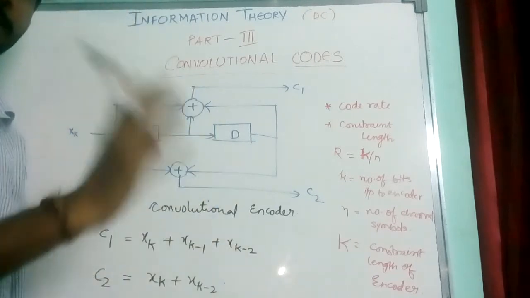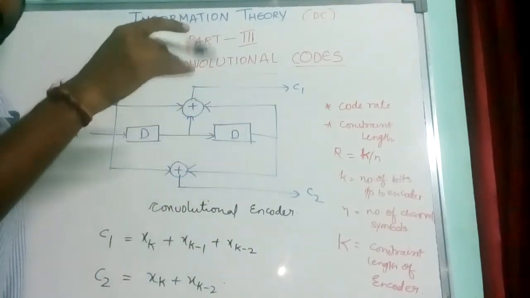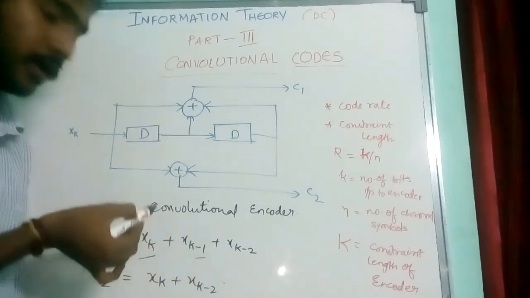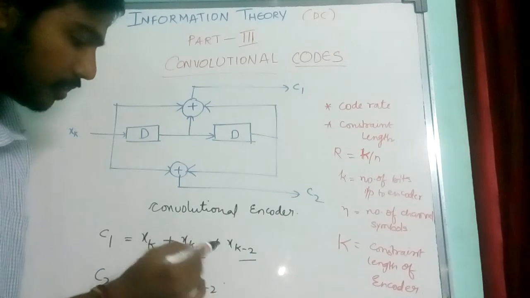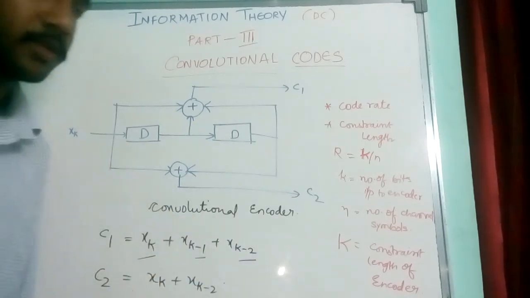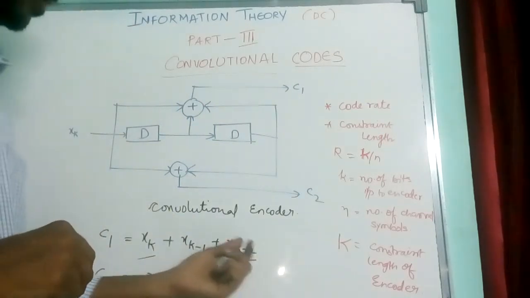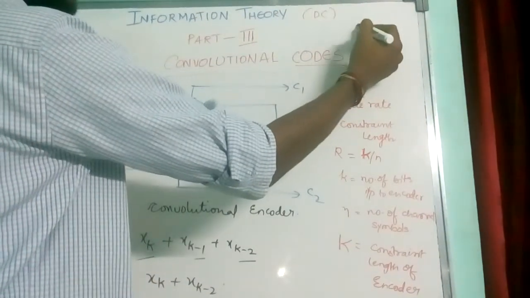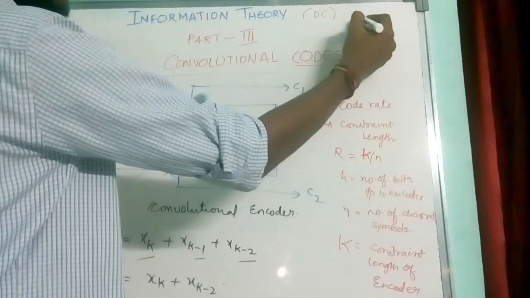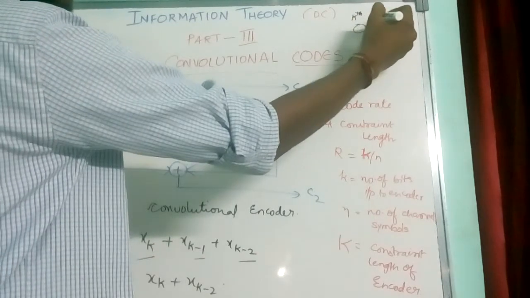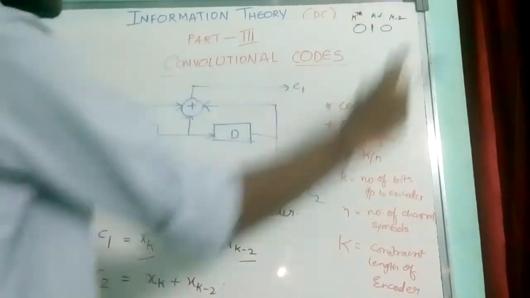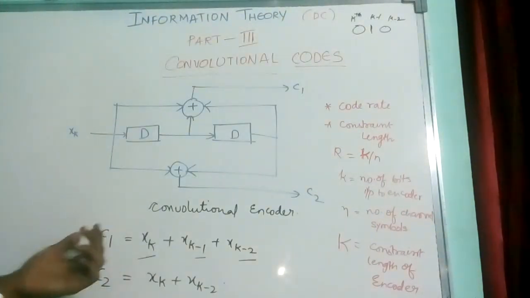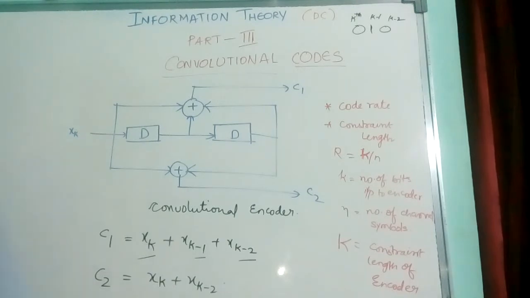These are the previous bits given to the input: this is the present input, this is the past input, and this is the past of the past input. For example, if I sent 0, 1 and again 0, now I am sending the kth bit, this is the k minus 1th bit, and this is the k minus 2th bit. If I add those three, I will get code word 1 and, respectively, code word 2.